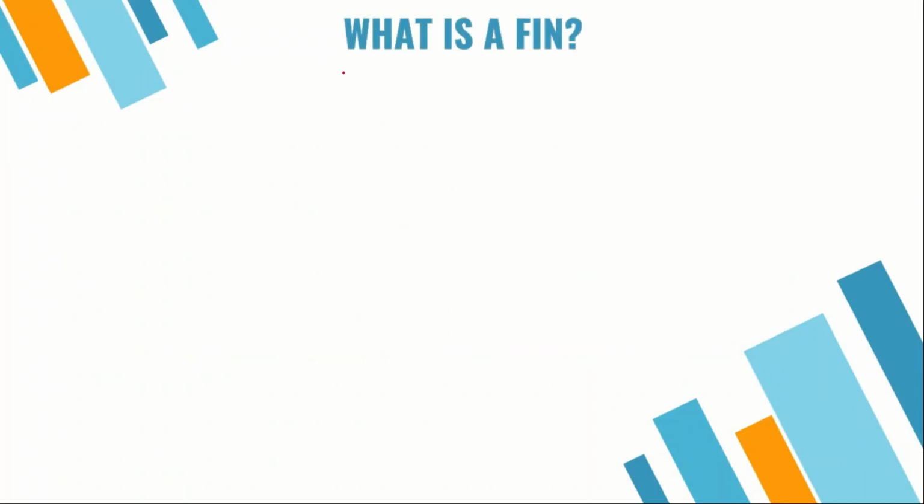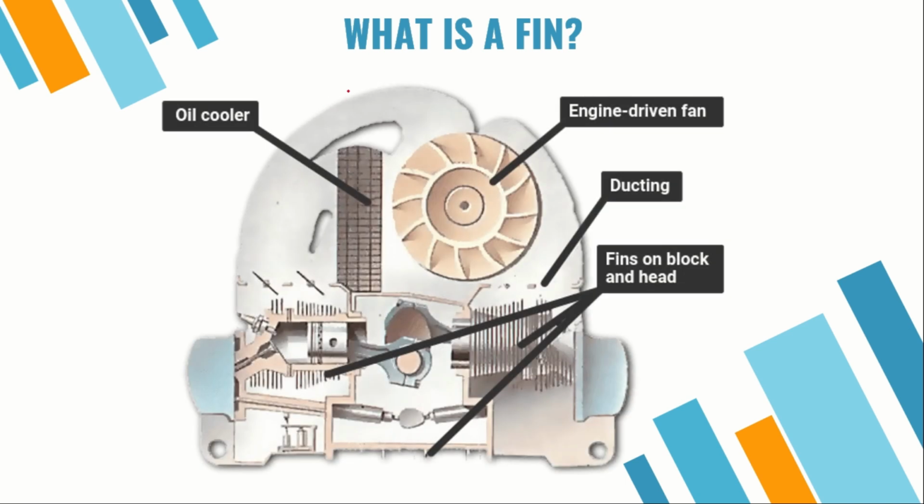Before starting the topic, we would first understand what a fin is. This is an internal combustion engine, an IC engine. We know that there is a cooling system in the IC engine. There are two types of cooling, air cooling and water cooling.